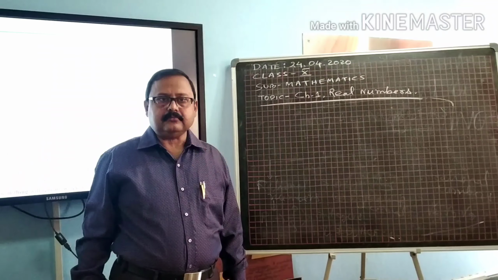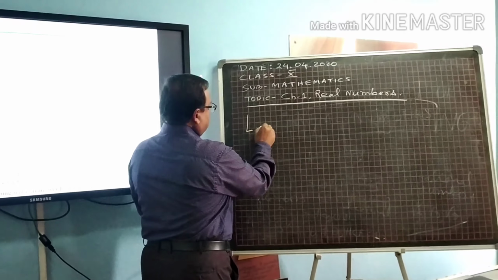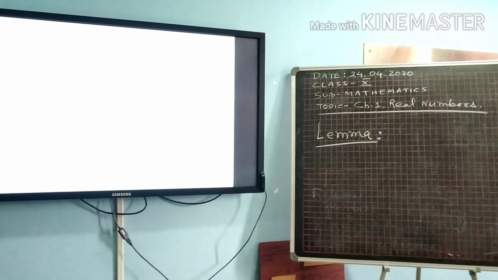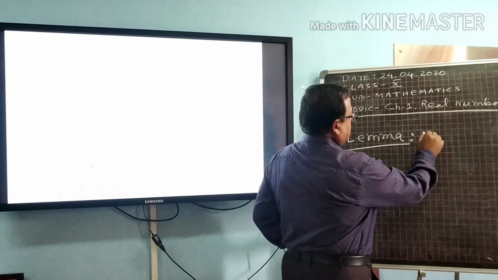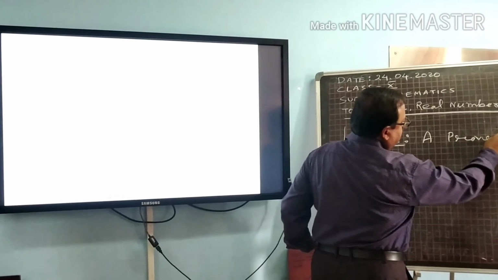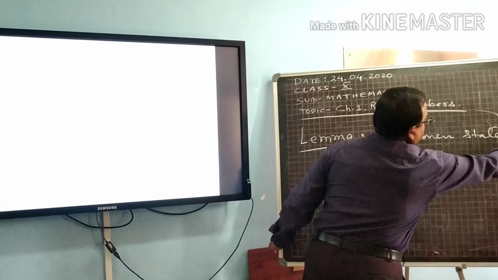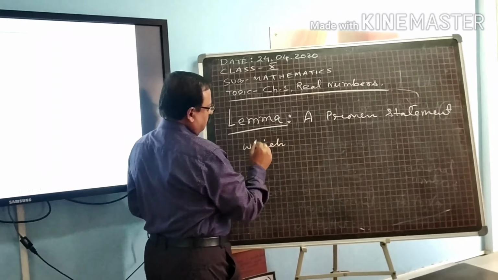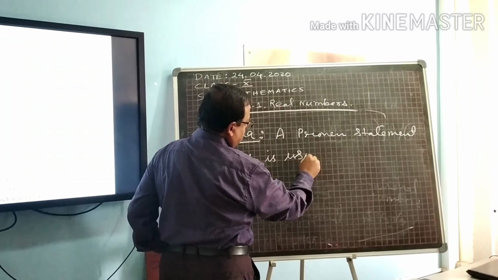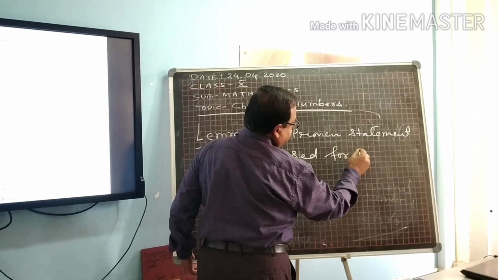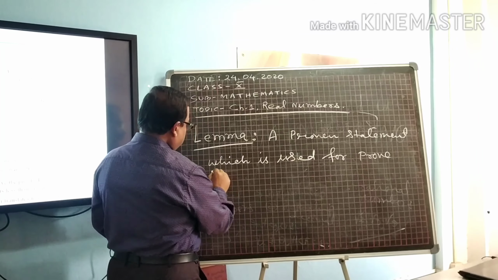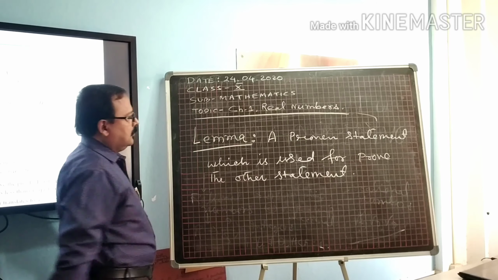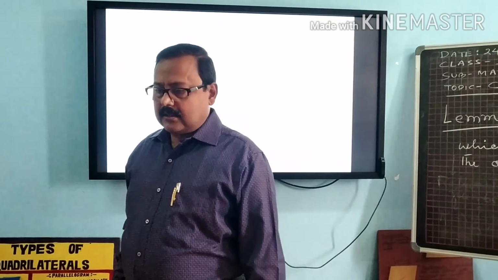What is a lemma? Lemma is a proven statement which is used for proof of another statement.